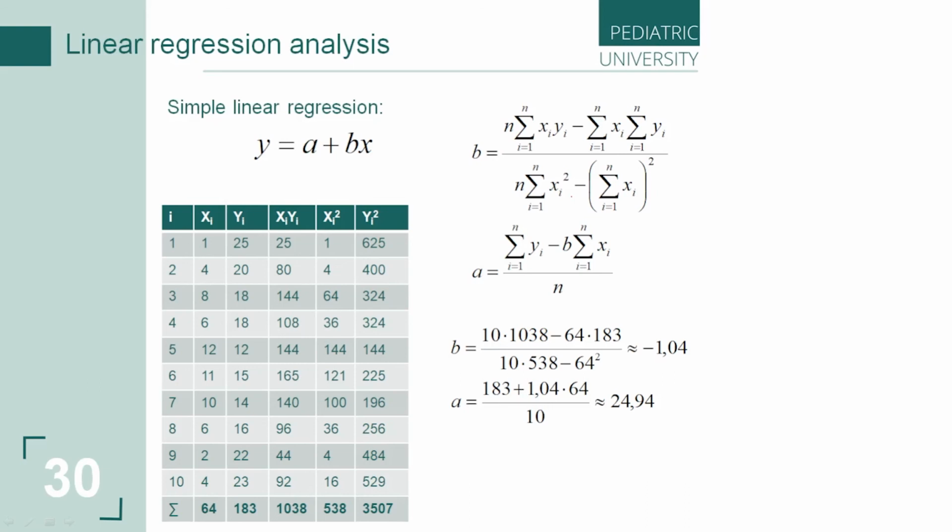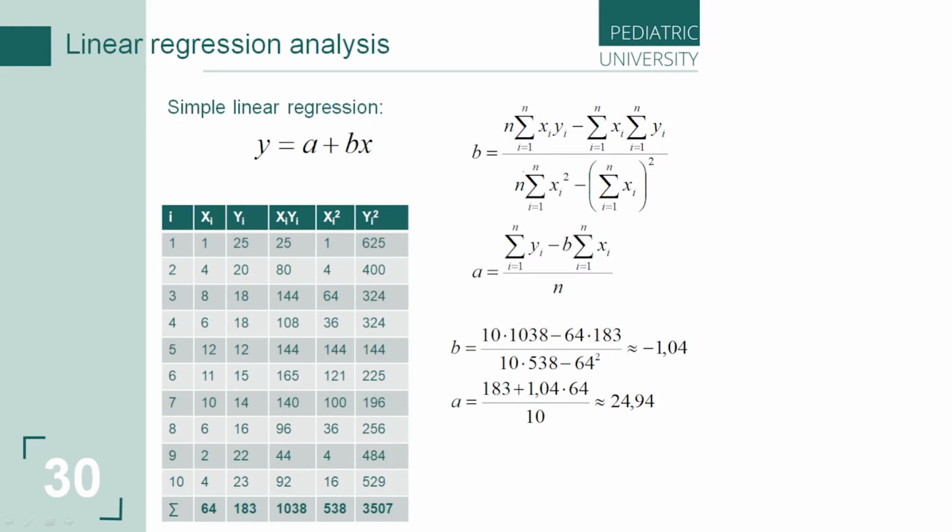To do this, we need to find coefficients a and b. Y we have, X we have, but what about a and b? We should calculate them according to formulas. Formulas for finding these coefficients are shown here. Let's substitute our sums from the table into these formulas.